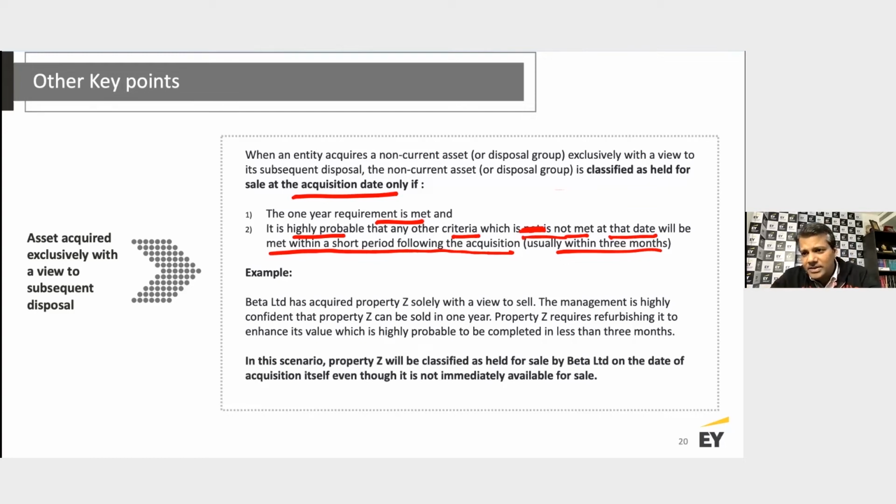Remember, in the previous example, when we talked about something which you intend to sell but you need to renovate, then you don't get a classification. But here you acquired something with the purpose to resell, and you need to do some refurbishment, which you expect to complete in 3 months. So in a way, this is a slight deviation in the standard itself to accommodate a unique situation for the purchase of certain non-current assets which you intend to sell within 12 months.